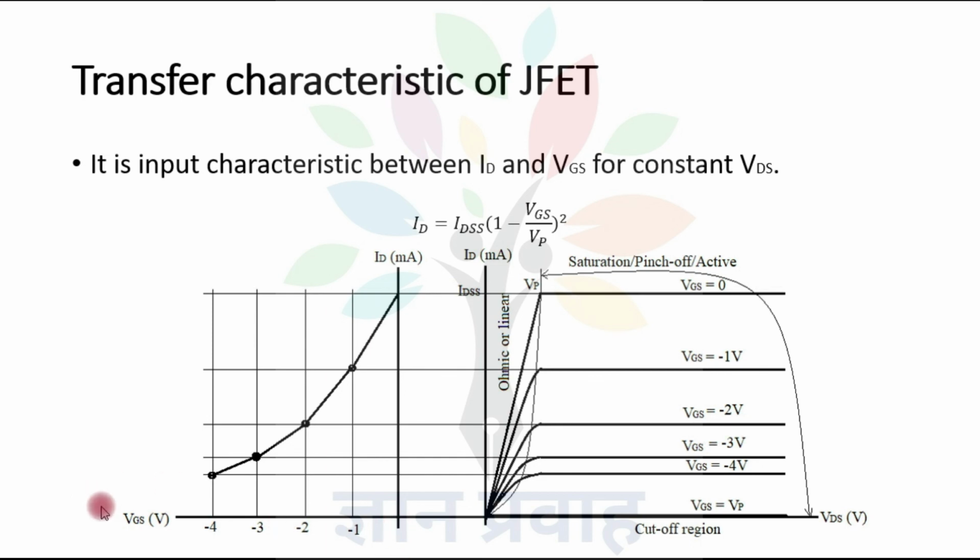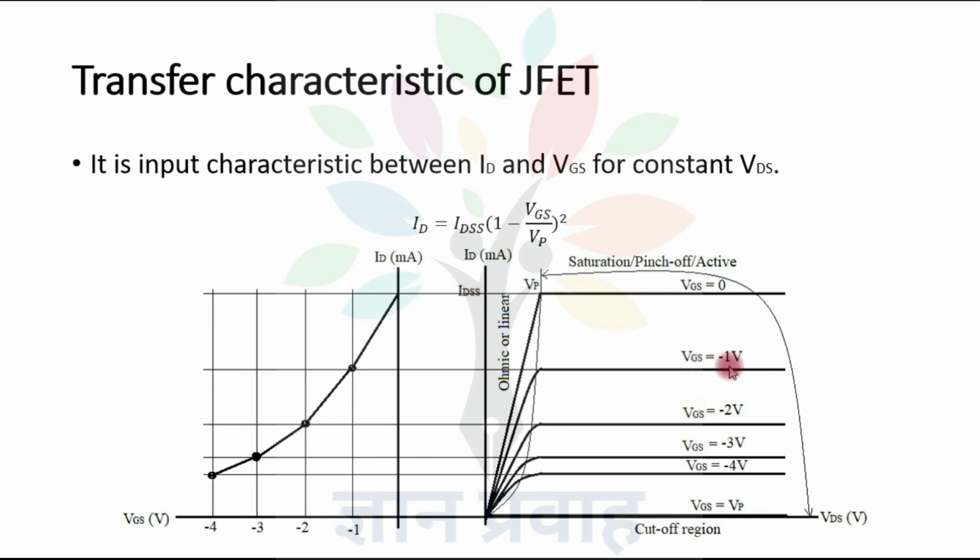So here VGS we are taking -1, -2, -3, -4 because output characteristic is plotted by taking VGS -1, -2, -3, -4. So when VGS is 0, maximum drain current is IDSS here.